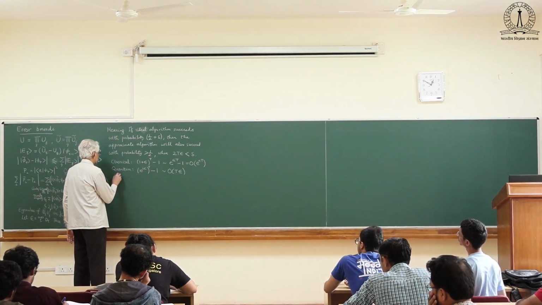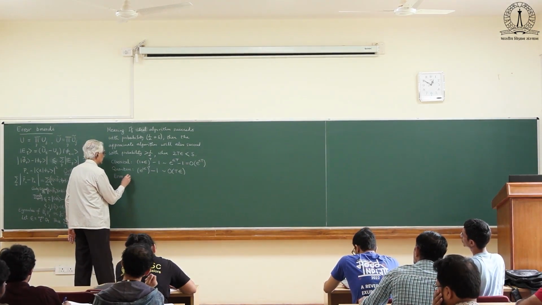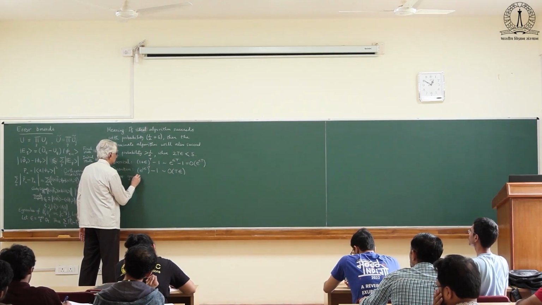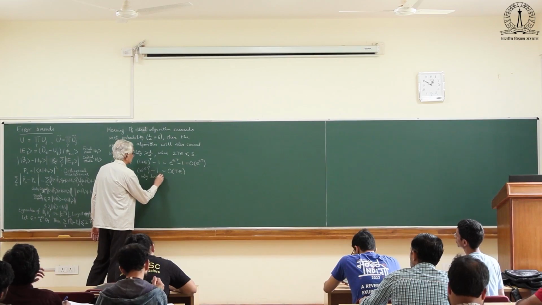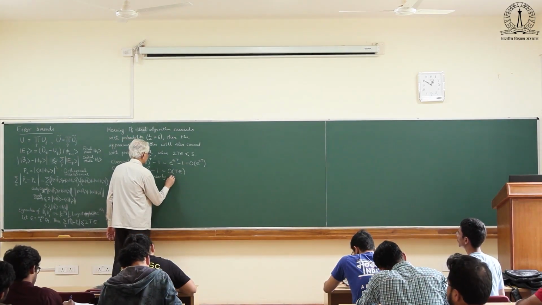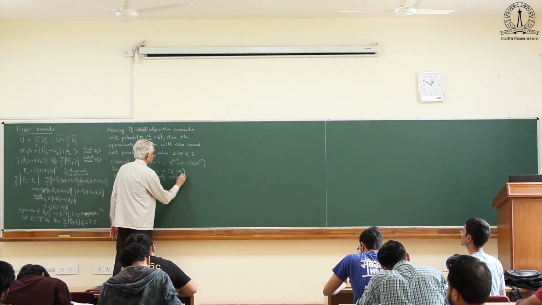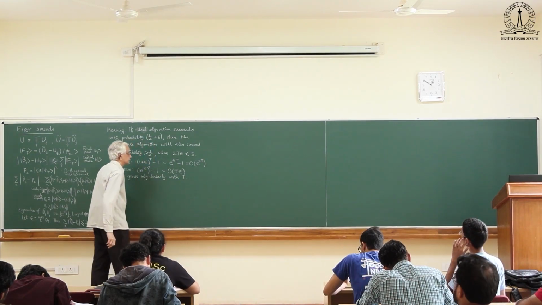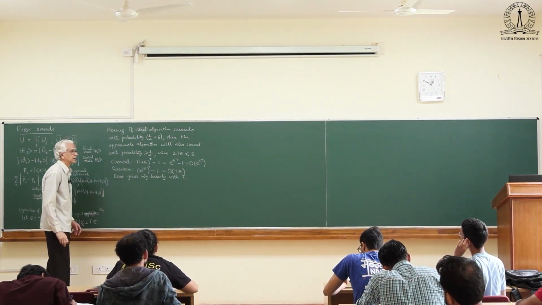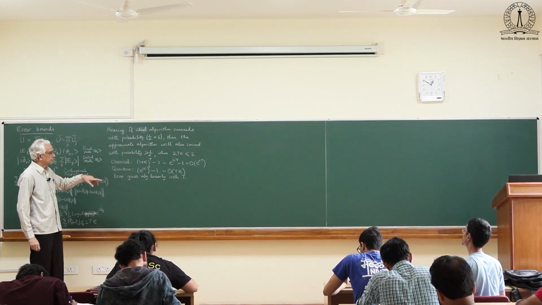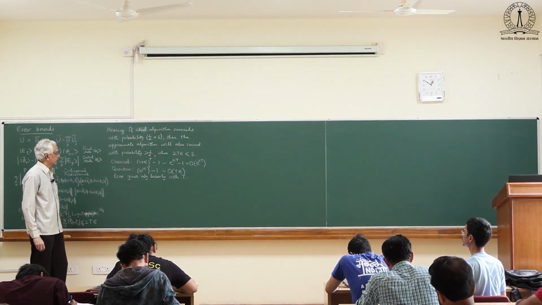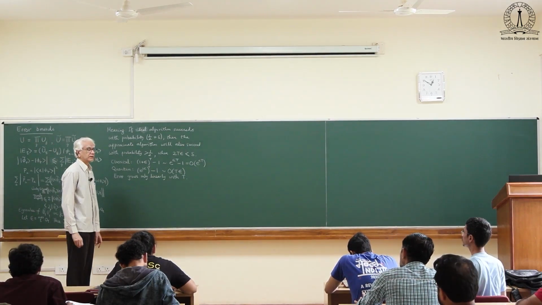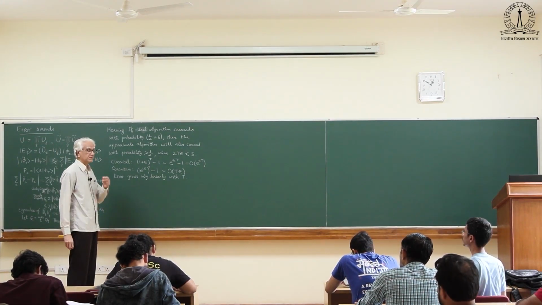So the error grows only linearly with t, not exponentially. So this is a crucial difference, and that is what helps in looking at the behavior of the algorithms.